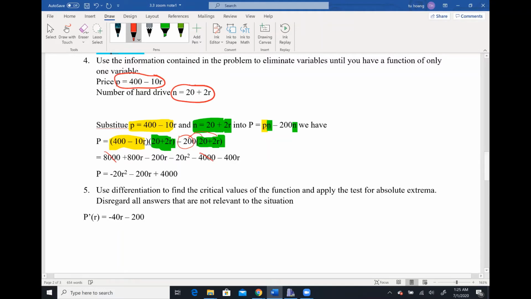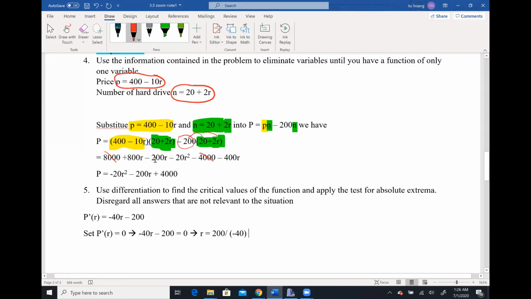You have to set it equal to 0 because you're looking for the critical value. So negative 40R minus 200 equal to 0. Which means what? Which means R has to equal 200 divided by negative 40. Did I make some mistake here? Let me see.